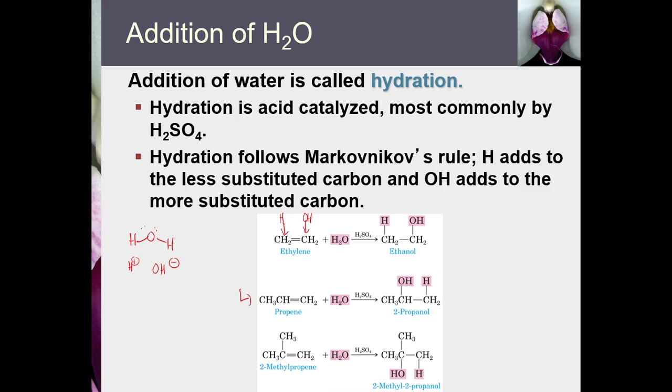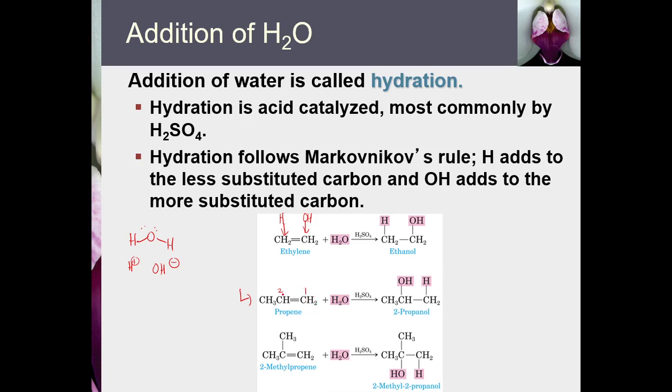So you have here propene. So this is 1 and 2 carbon. First carbon, second carbon. The rule says the H from the water will attach to the carbon where there are more hydrogens.